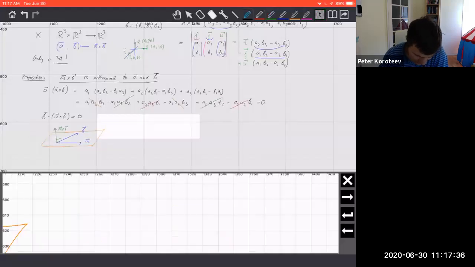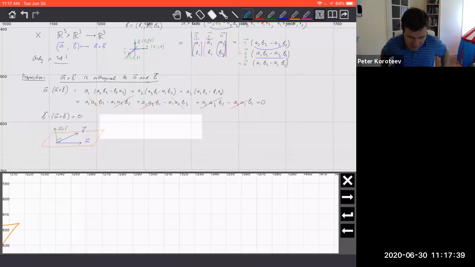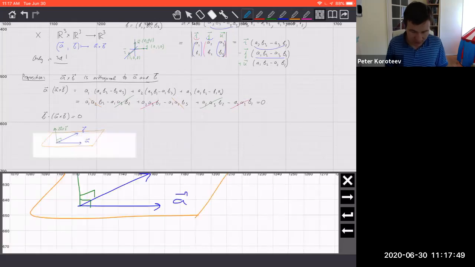Then let's try to calculate. The direction of the cross product is a vector that is orthogonal to the plane where the A and B vectors are. But now there's a choice. It can go either up or down. Which direction is realized?